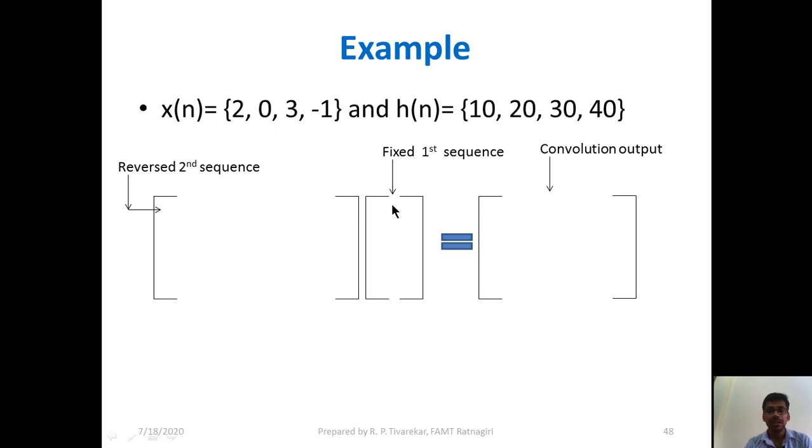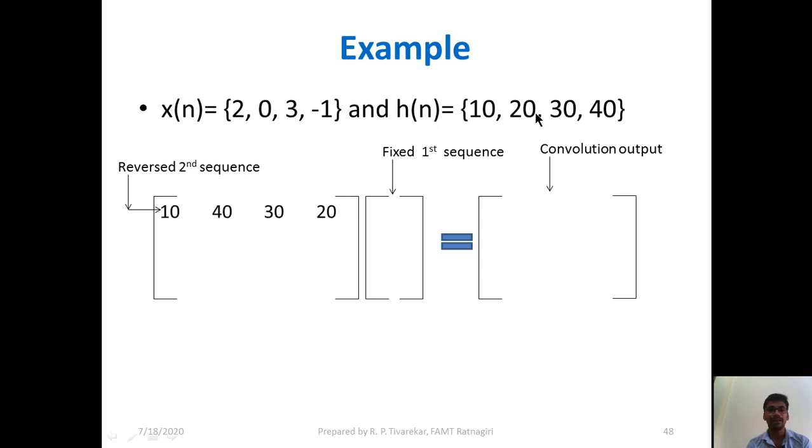So the sequence 2, 0, 3, minus 1 is to be written here because it is the fixed sequence. We can use this as fixed and this as the time reversed sequence, it doesn't matter, but at first we have learned using the first equation, so I am explaining with reference to the first equation. So I am using this as the fixed sequence here and I will be using this as the second sequence. So time reversed will be 10, 40, 30 and 20.